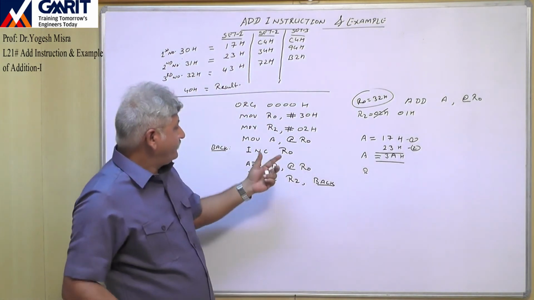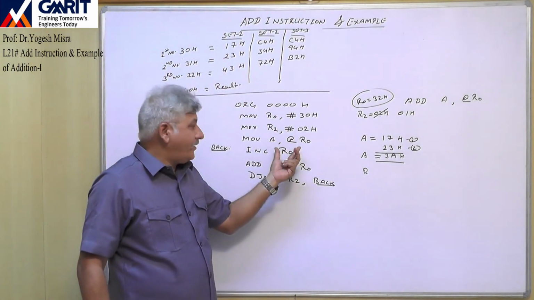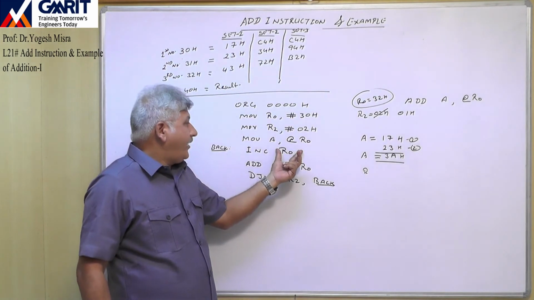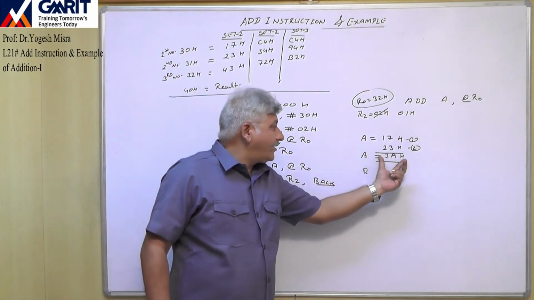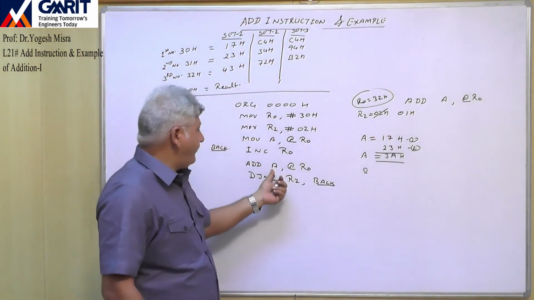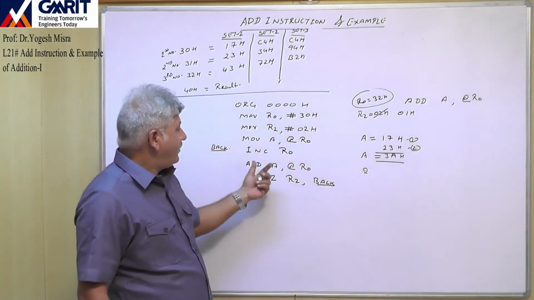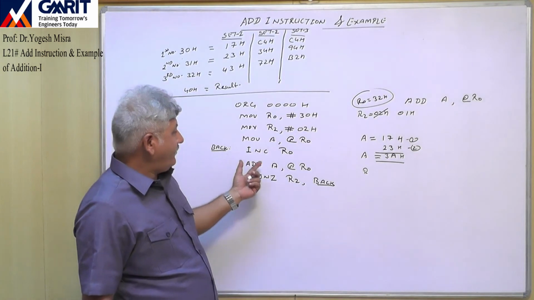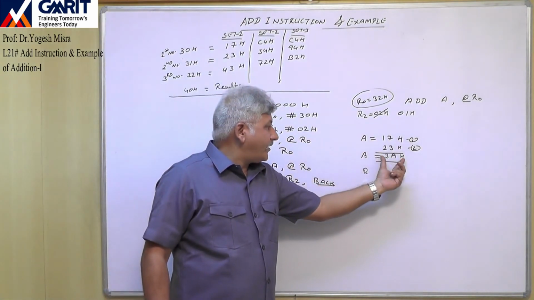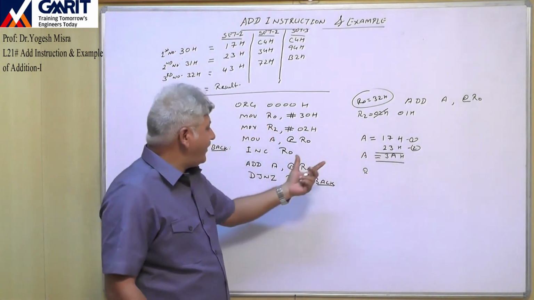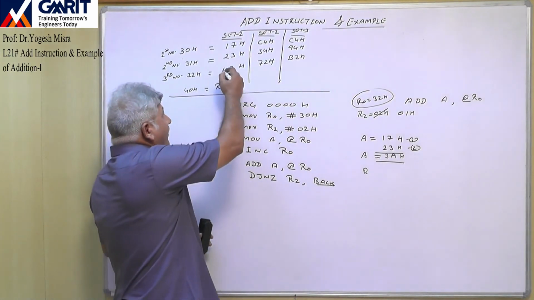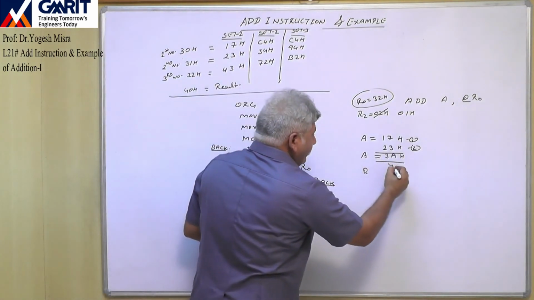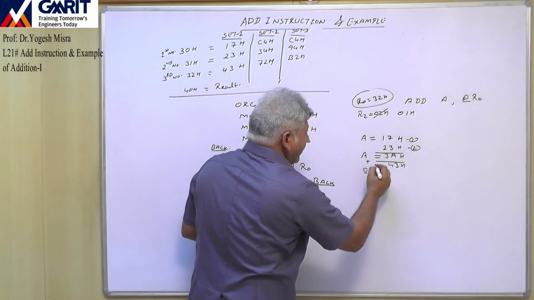So now address of my third number is in R0. In A we already have the addition of first two numbers, so in A we already have 3AH. Now this instruction is executed. So now with this instruction, the content of A will be added with third number, 43H. So here with 43H, this addition will take place.